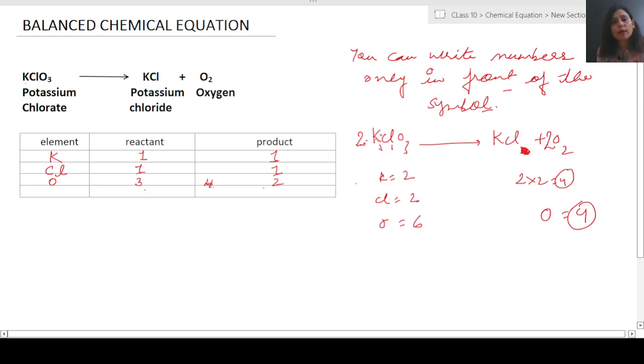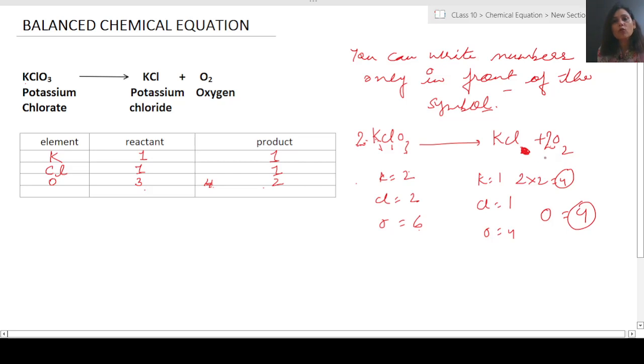Okay, so by writing 2 in front of KClO3, K will become 2, Cl will become 2, and O will become 6. Still our problem is not solved, because on this side K is 1, Cl is 1 and O is 4 by putting this 2 here.